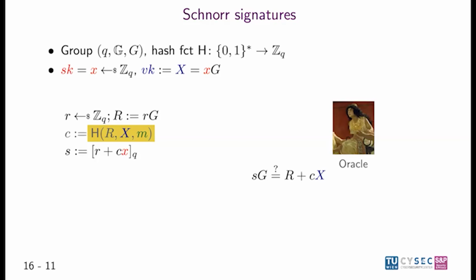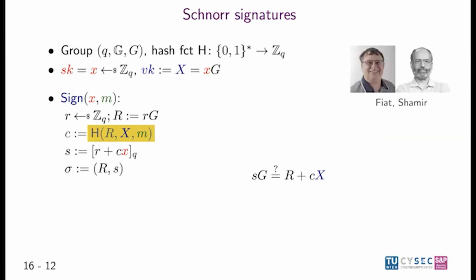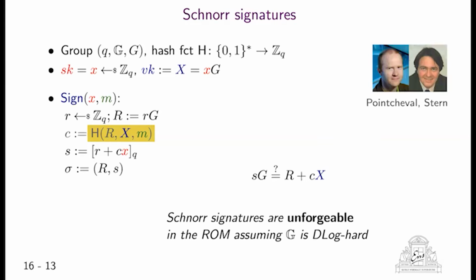So now you can bake the message into this protocol. So that's called the Fiat-Shamir transform of this protocol. And this was shown to be an unforgeable digital signature scheme in the random oracle model if this group is discrete logarithm hard. And that was proven by my academic father and grandfather, Pointcheval and Stern.